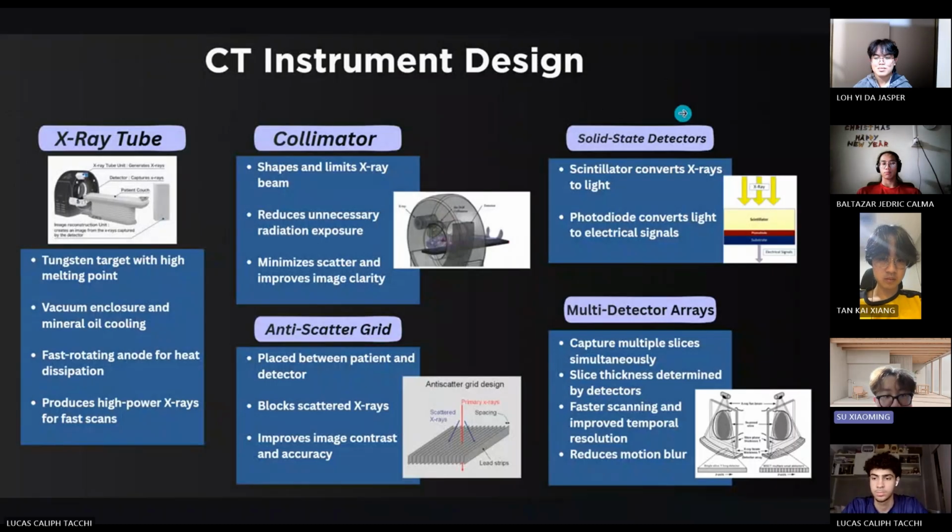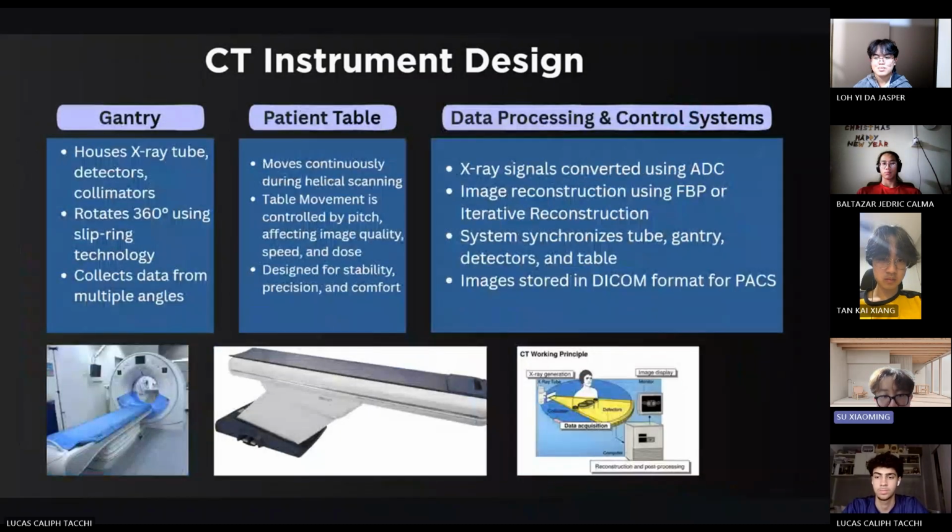The gantry rotates continuously using slip ring technology. In helical CT, table movement and pitch control scan speed, image quality, and radiation dose. Images are reconstructed using filtered back projection or iterative reconstruction and stored in DICOM format for PACS viewing.